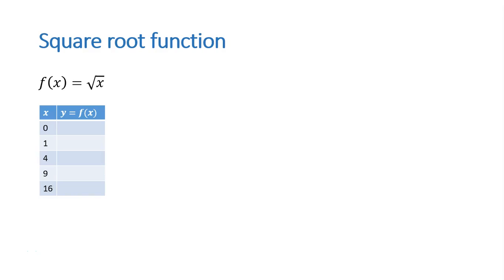Notice I've also picked some very specific positive numbers. I picked 0, 1, 4, 9, and 16. What all these numbers have in common is that they're all perfect squares. So if I plug them into the square root function, I'm going to get a really nice clean output. That's not to say that if we pick numbers like 2 or 3 or 5 that we can't take the square root of those numbers.